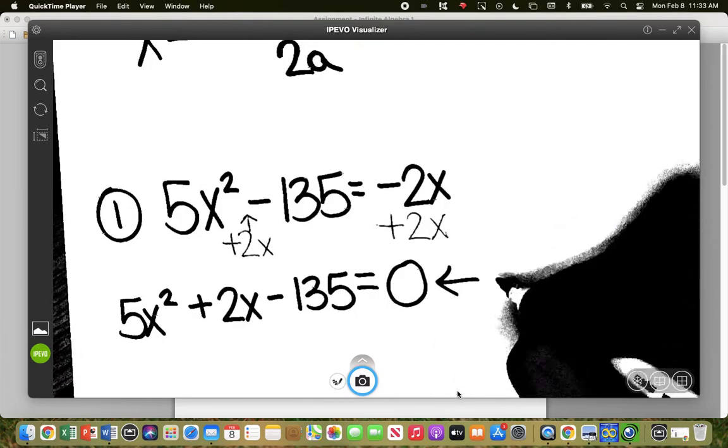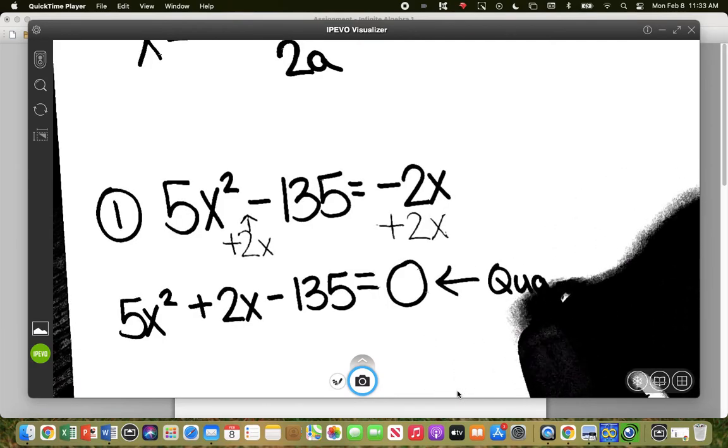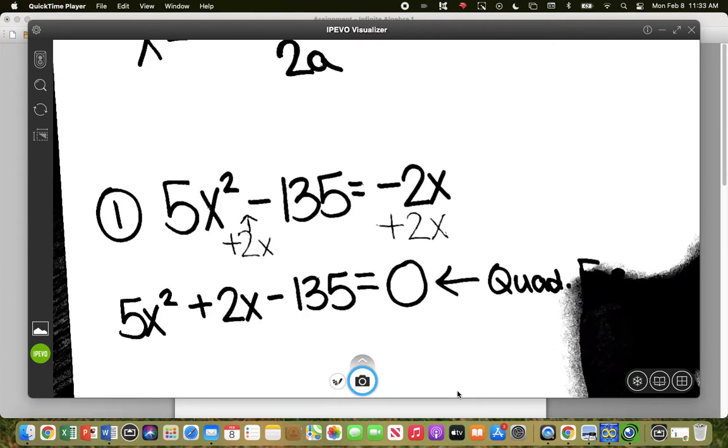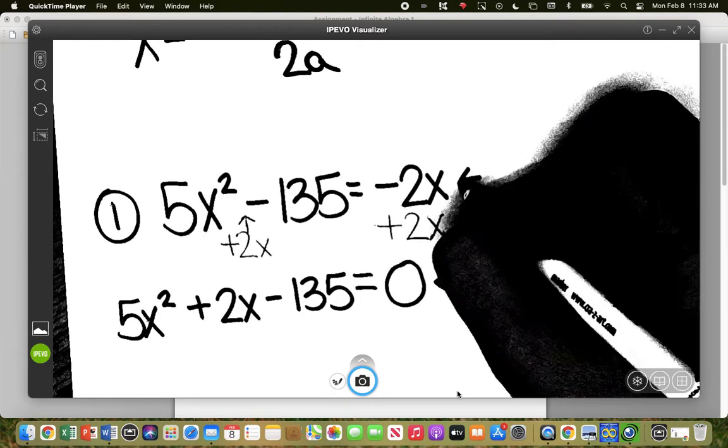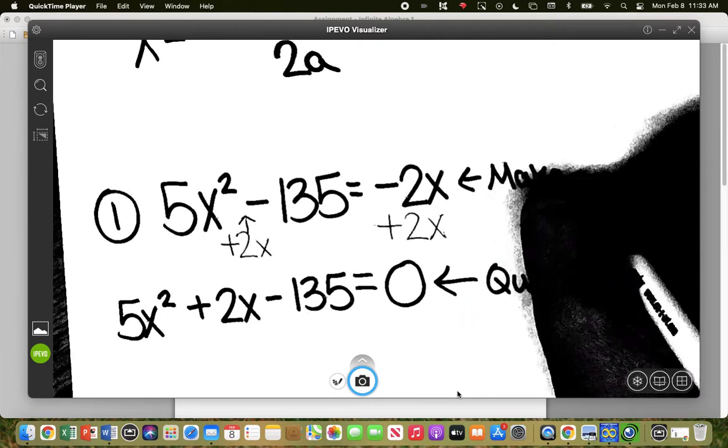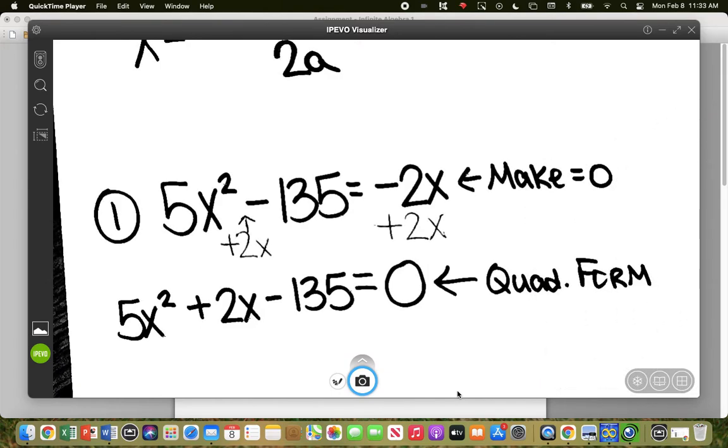Once you have the equals 0, then you can do the quadratic formula. So the first thing we do is we make it equal to 0, and then we can do the quadratic formula. Now that's not too bad, is it? So we just got to move something over today.